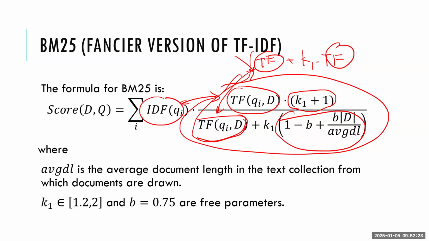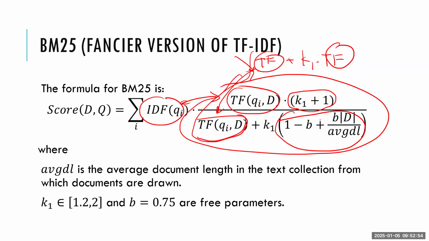What happened in this case is that not only do you count the number of words. In the original TF, you divide by the number of words in the document, so a document with a longer length will have a lower TF score by default.